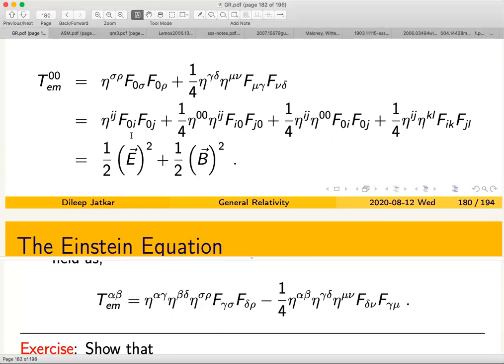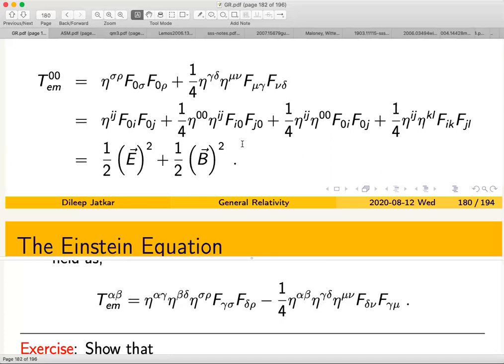Once you do that, you notice that you have F0i factors. Eta ij will set i equal to j. So this F0i is like the electric field, and Fij is like the magnetic field. You can check that these quantities put together give you the result.